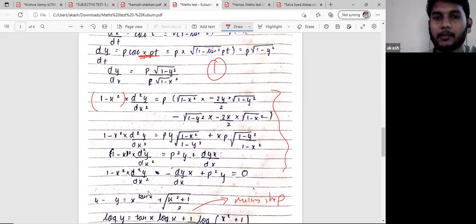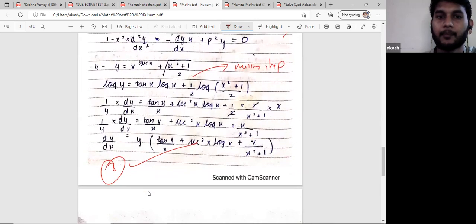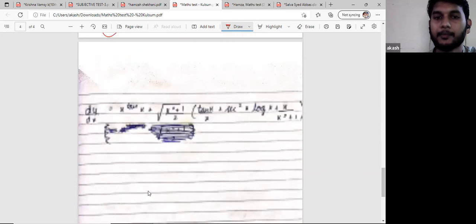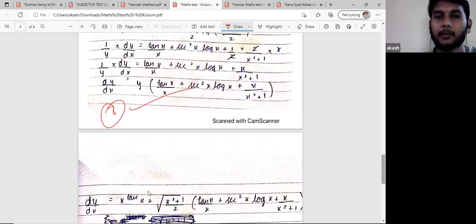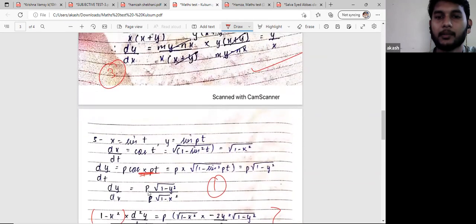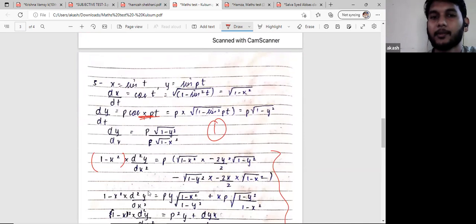Where else? Yes, and you guys are forgetting the brackets. Most of you are forgetting the brackets. I also see missing steps again, like Shikani. You did some error here also. Let me see. What is this?